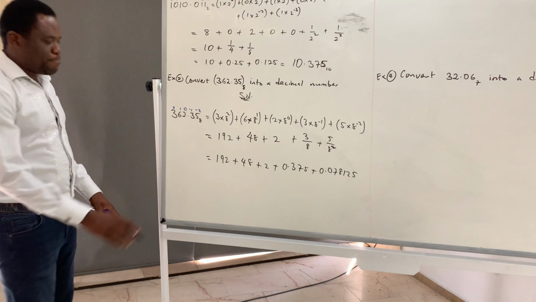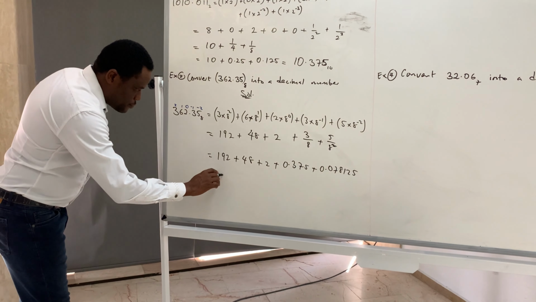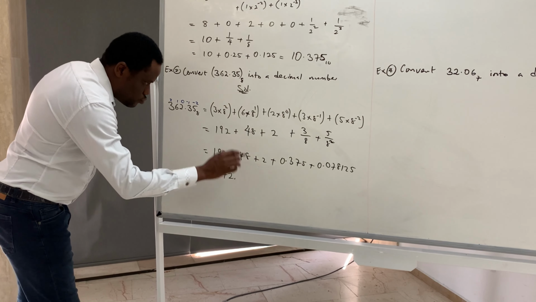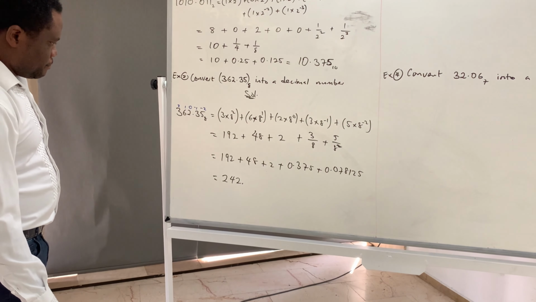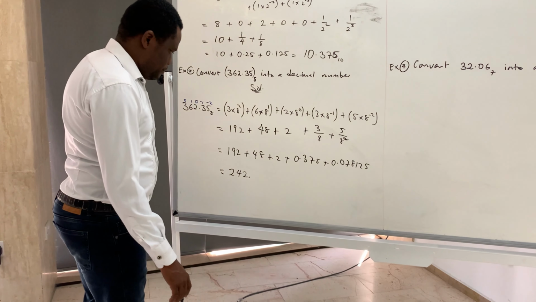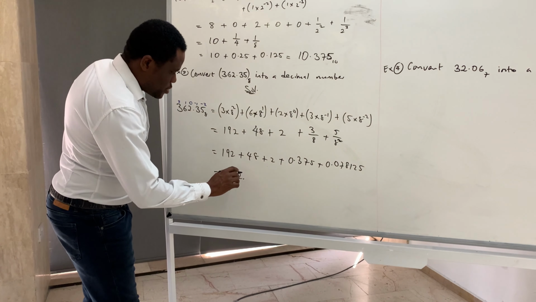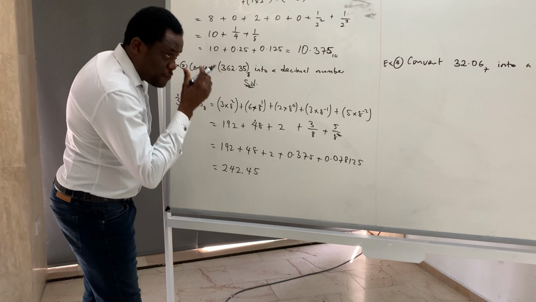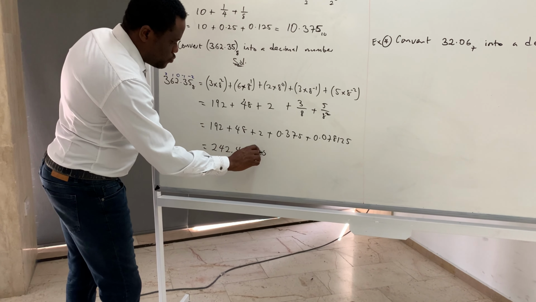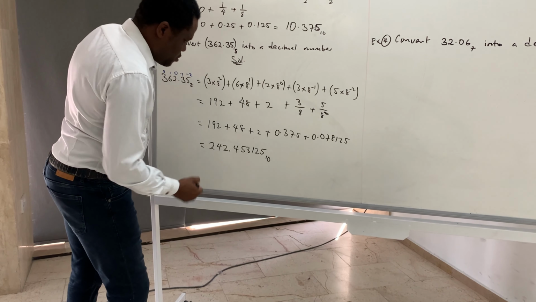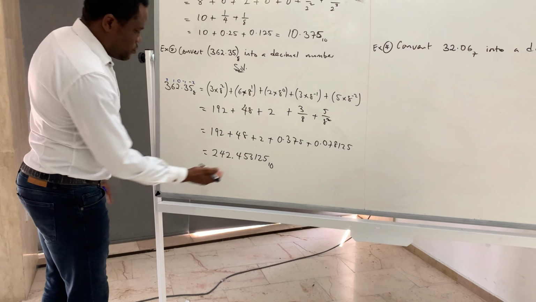Sum them together. We have 242.453125. Of course, you can approximate it to 2 decimal places.